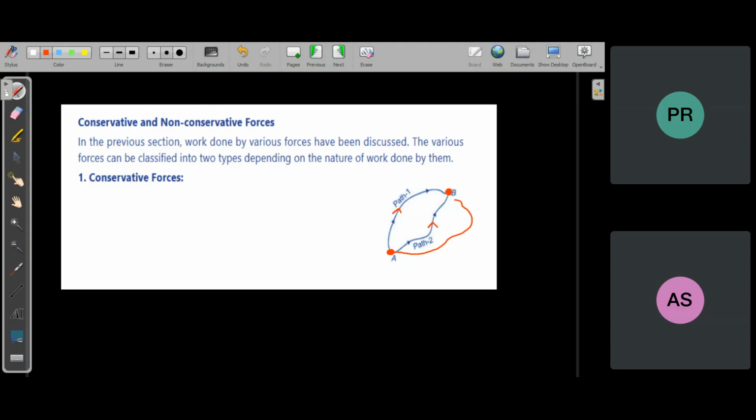If the initial and final points are fixed but the path is changing, and the work done by a force is the same in all cases, then it clearly means the work done is independent of the path. Such types of forces we call conservative force.